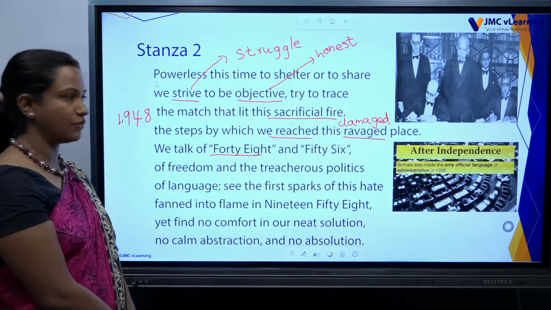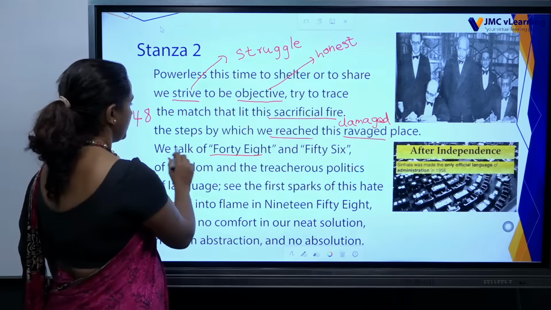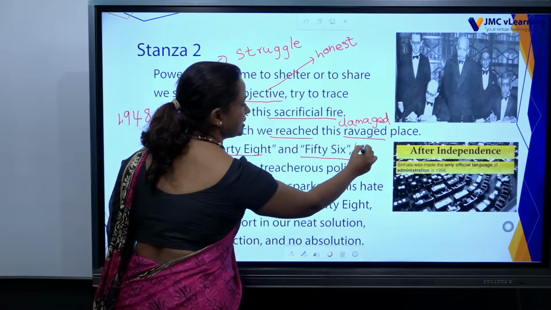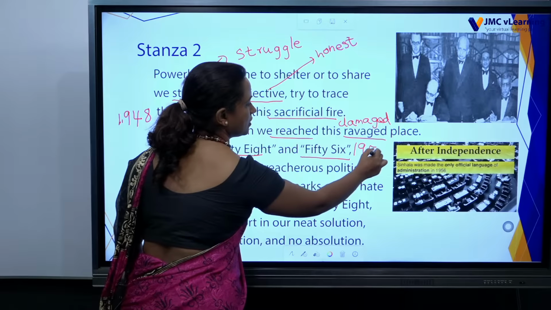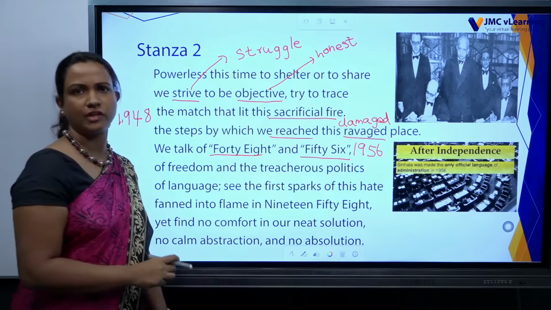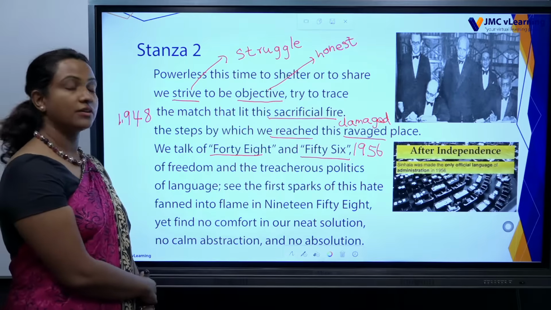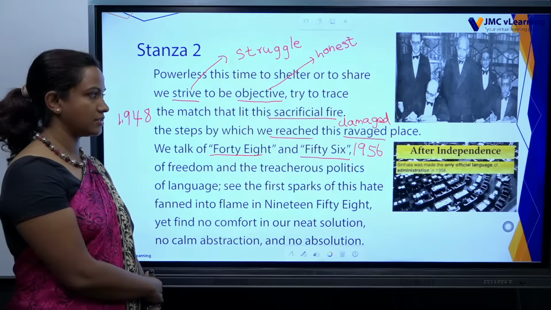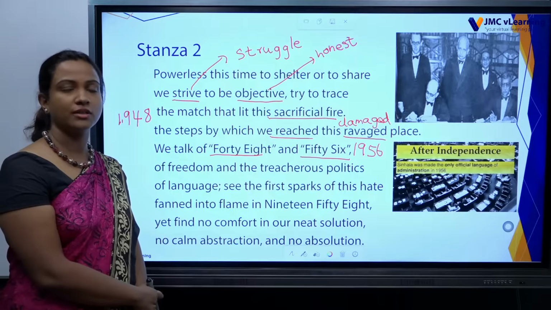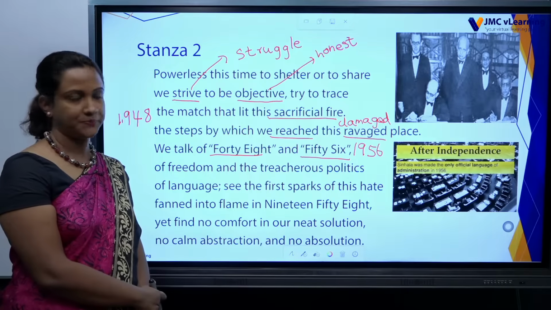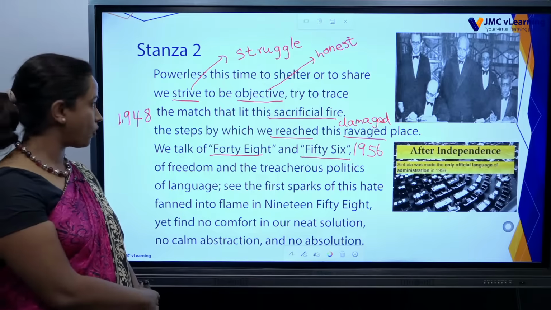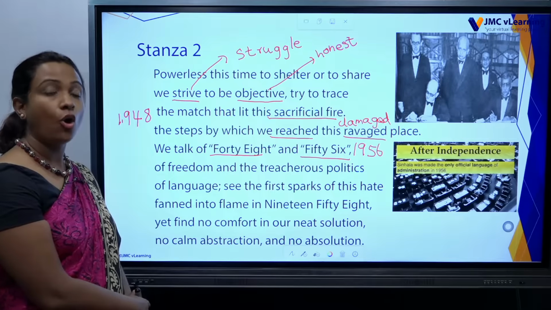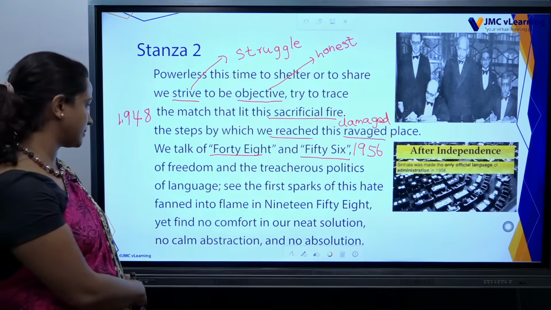That's the significance here. We talk of 48 and 56. 1956. What happened in 1956? Yes, the Sinhala language was considered the official language in Sri Lanka. So 1948, the independence; in 1956 Sinhala became the official language in Sri Lanka.